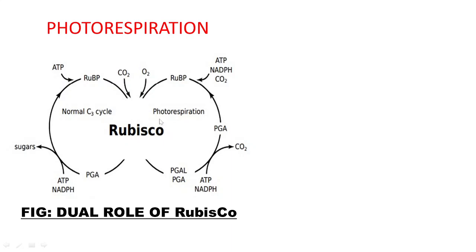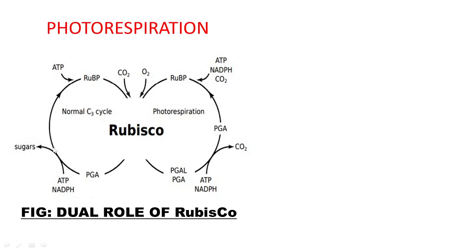Depending upon what type of gas is present, if it is getting sufficient carbon dioxide, RuBP will accept carbon dioxide and the normal C3 cycle will continue releasing sugars. But if carbon dioxide concentration is less and oxygen becomes very high, then Rubisco will start taking up oxygen instead of carbon dioxide.